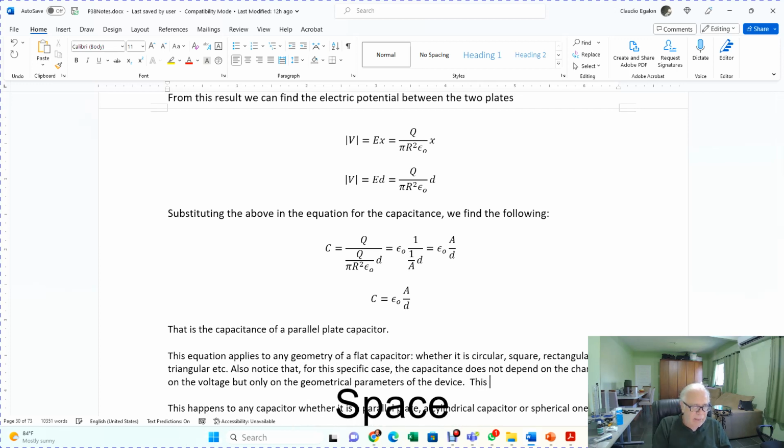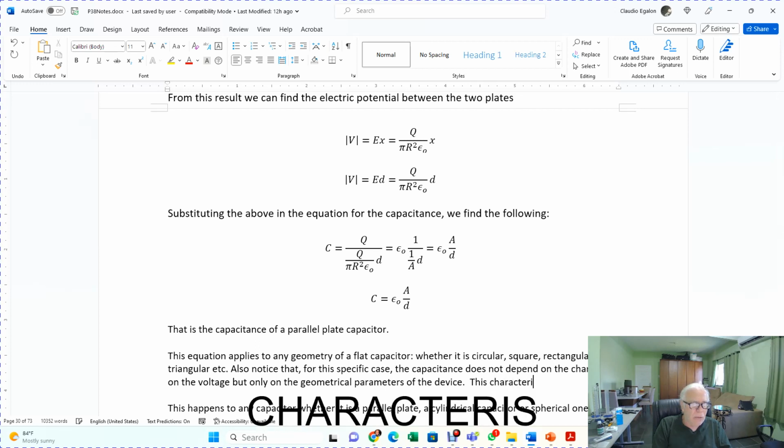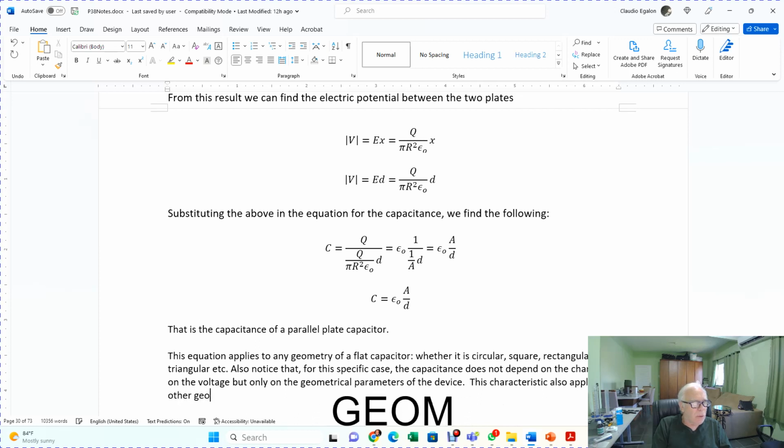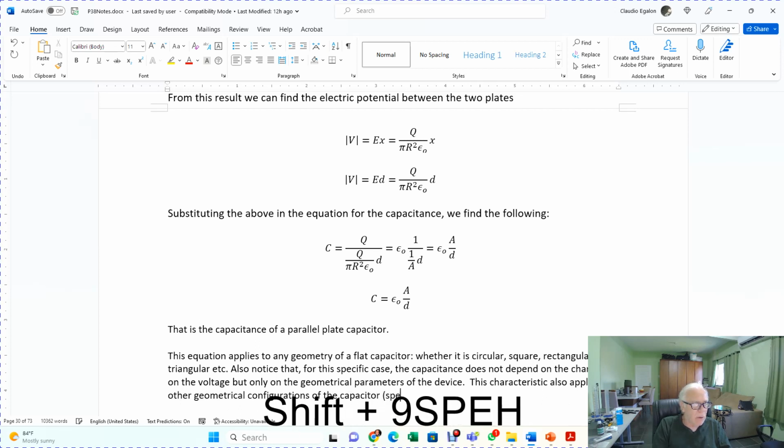This characteristic also applies to other geometrical configurations of the capacitor, whether it is a spherical capacitor, a cylindrical capacitor, etc.